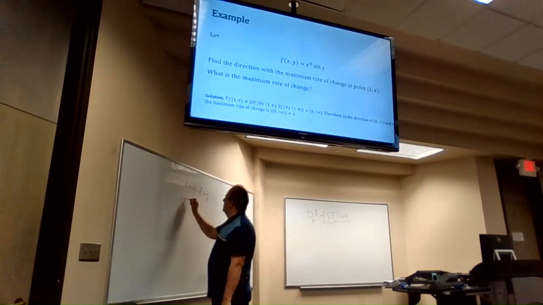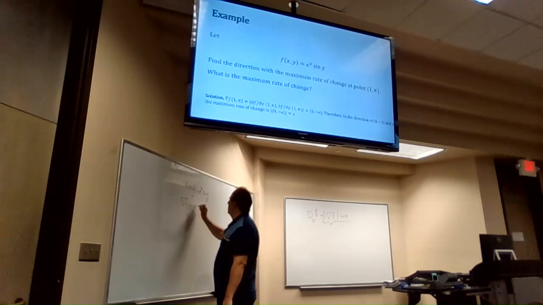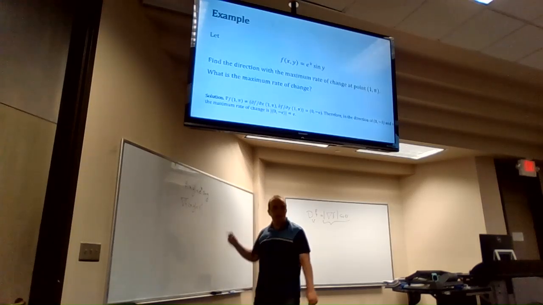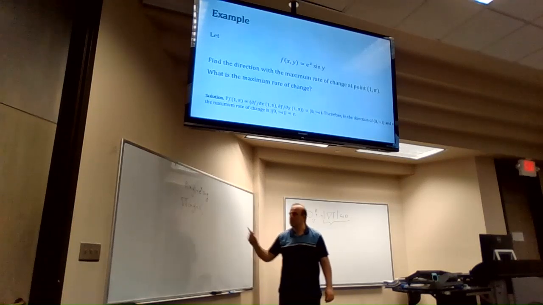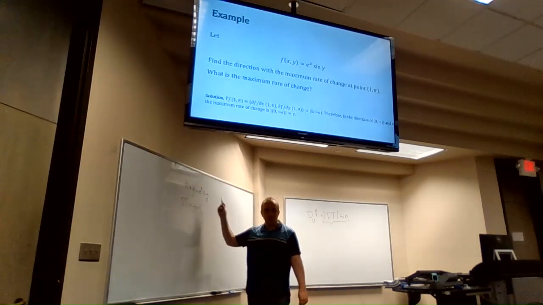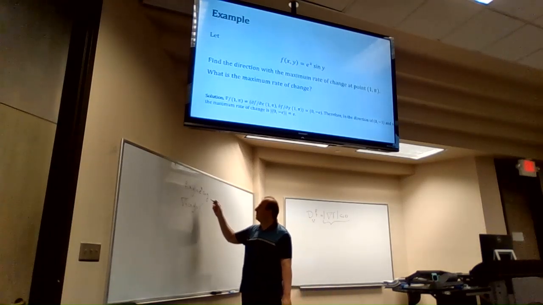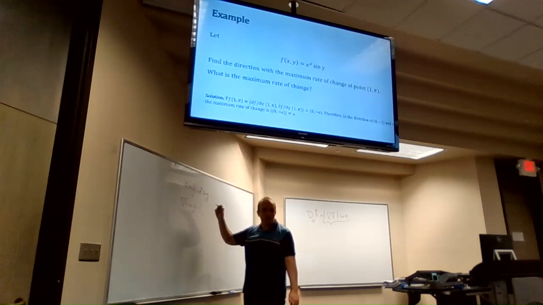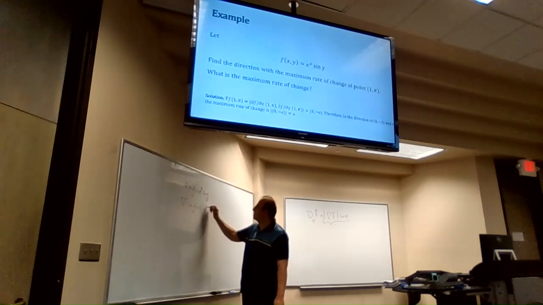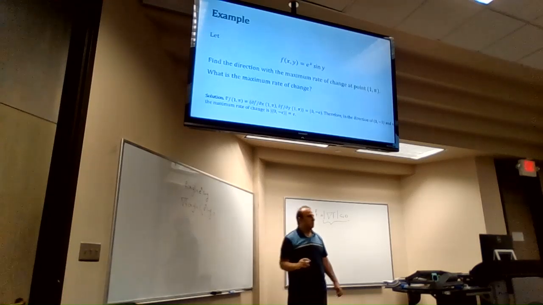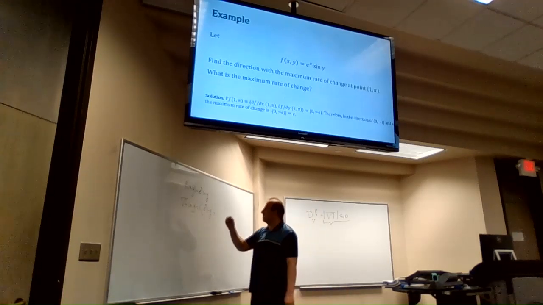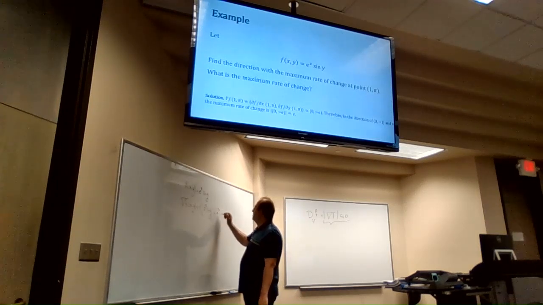The gradient at any point (x, y) for this function: for the partial with respect to x, I assume y is a constant, so sine of y is a constant. The derivative of e to the x is e to the x, so it's e to the x sine of y. And the partial with respect to y, this time I assume x is a constant, so e to the x cosine of y.